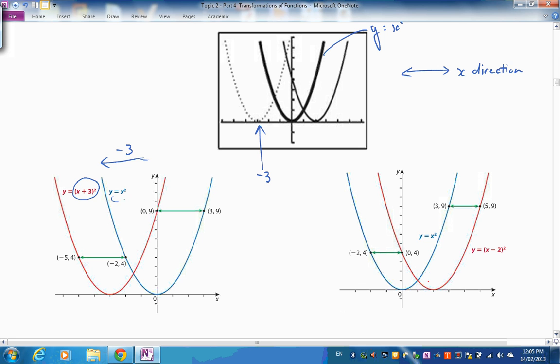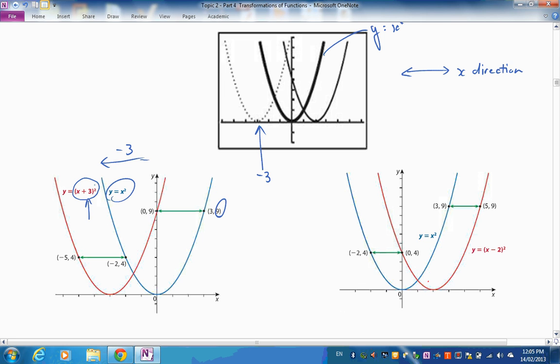So if we look at y equals x squared, square 3, you get 9. Now, if we put 3 in this function here, x plus 3 squared, then what are you going to do?